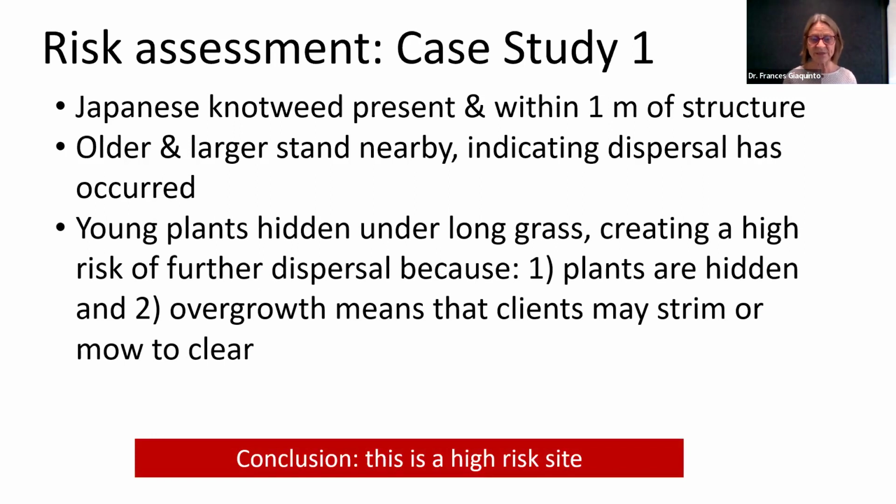This is a high-risk site. That is your conclusion. Even though there's only that one smallish, youngish plant growing by that structure, because it's dispersed, and because that old stand further over is there as well, which shows that the plants have been here for a long time, you have a high-risk site.